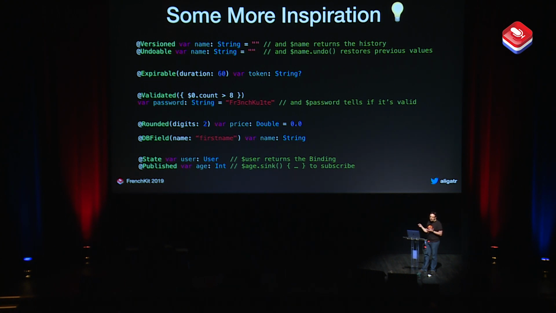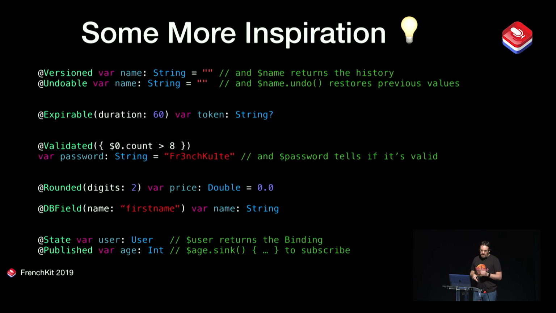Basically, the idea is when you set the value, you could have a custom set that will store the value, but will also stack the value, push the value into an array, like a history. And then with the projected value, you can imagine that the projected value would be the history, or projected value would be an object, maybe the wrapper itself, that has an undo function that will allow you to reverse the property.